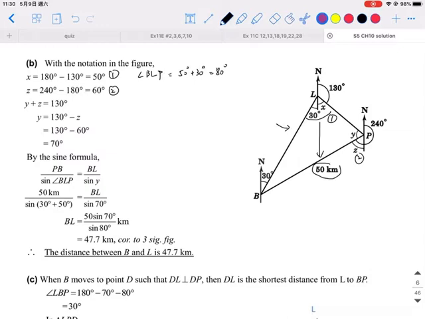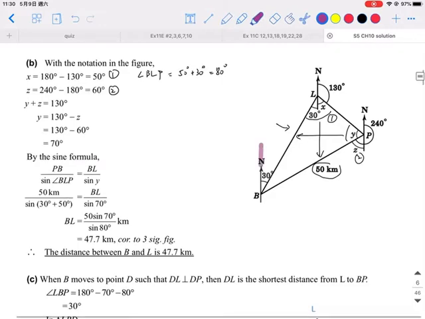It's easy. And for the third one, how can I find this angle? Because this is our component to find BL. As we learned before, we have a parallel line here.